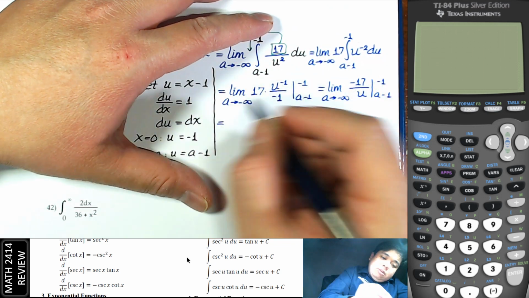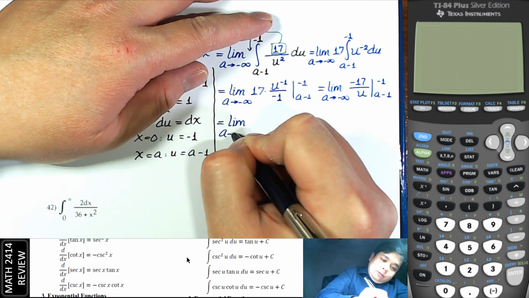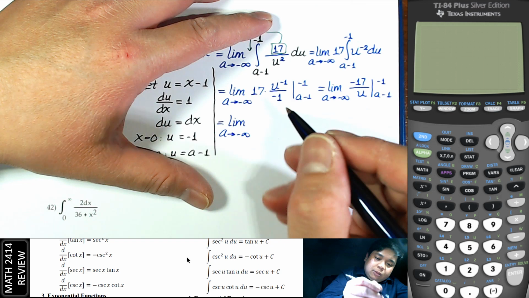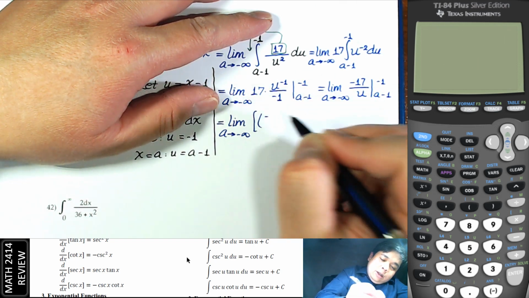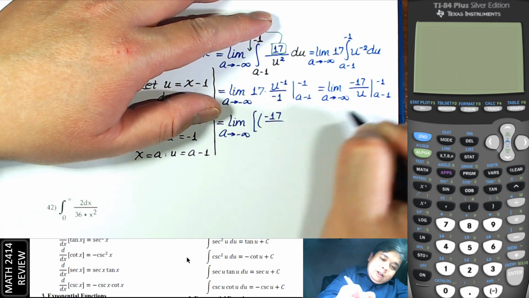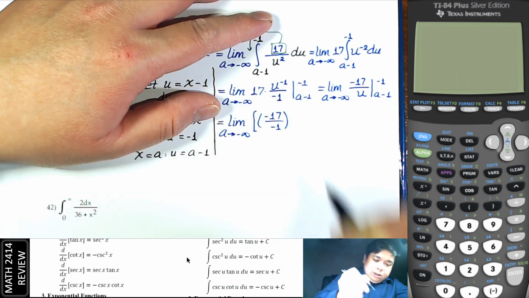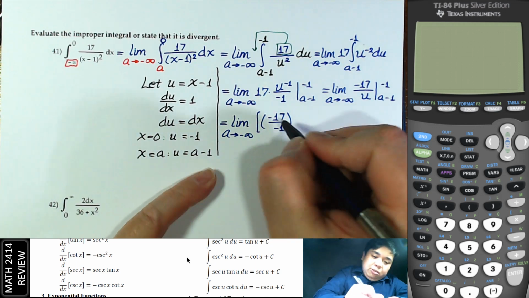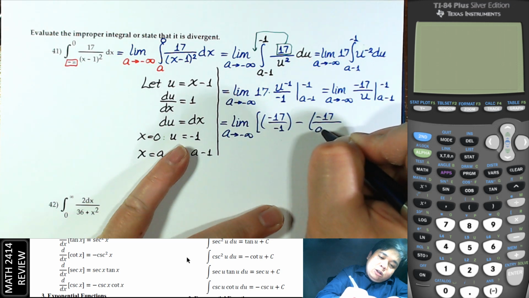Right, now we can substitute in 1. Negative 17 over u. Right, subtract negative 17 divided by a minus 1.